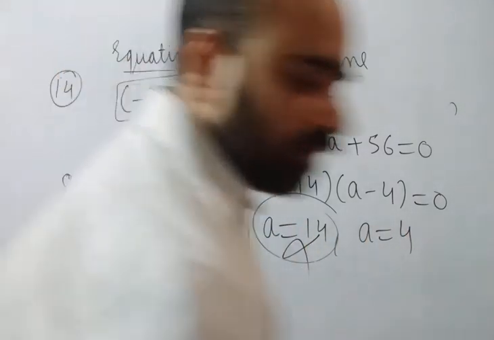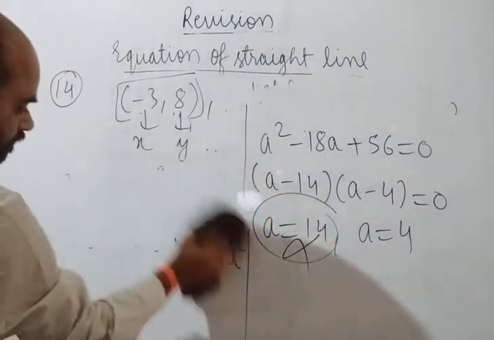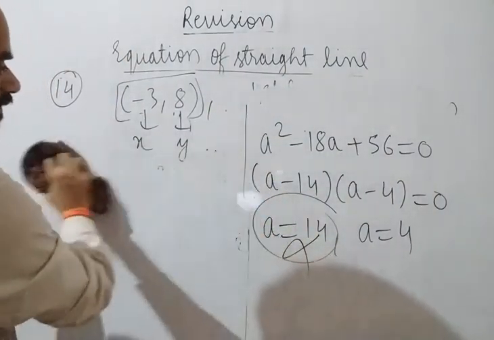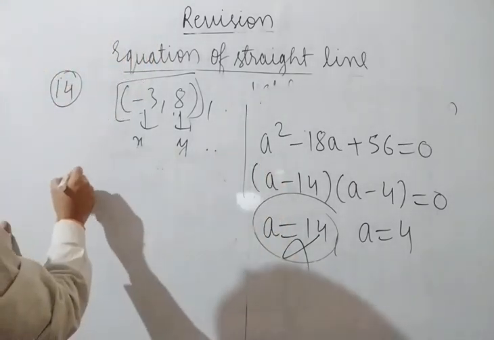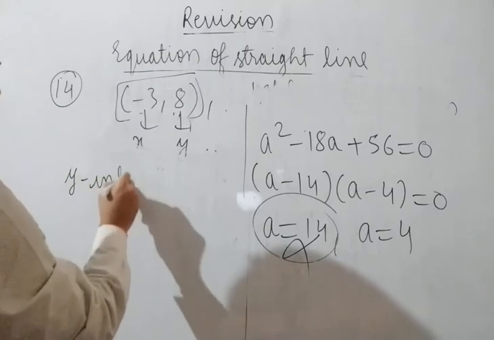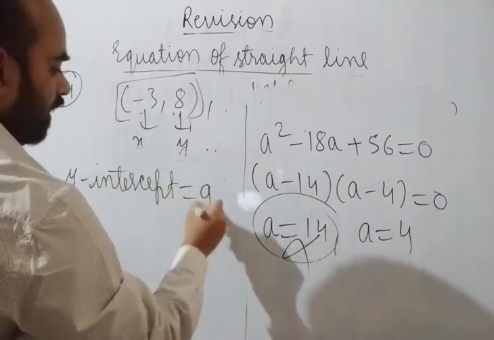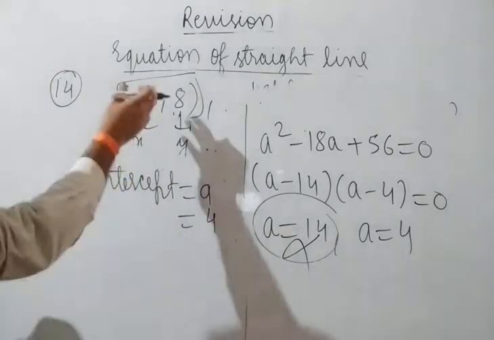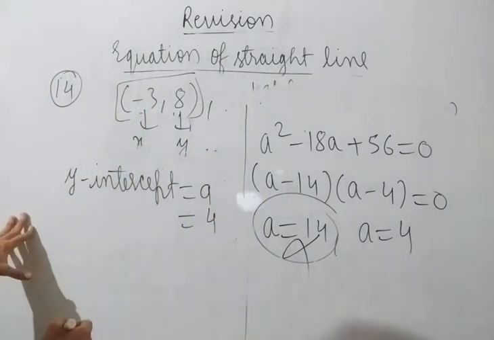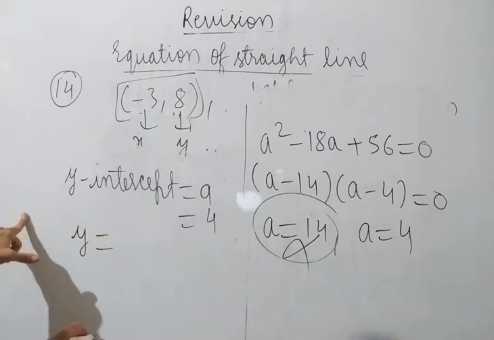Correct? Now if a is 4, we can find the equation of the line. Why? a we have already taken as the y-intercept, and a is 4. We have to find the equation only. So the equation will be y equal to mx plus c. So y is equal to mx, m is a upon a minus 7.